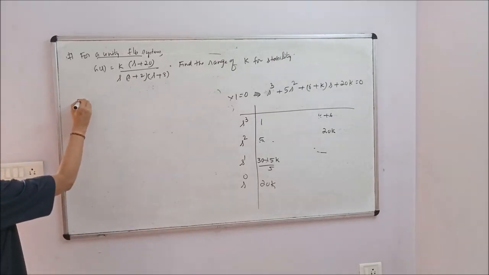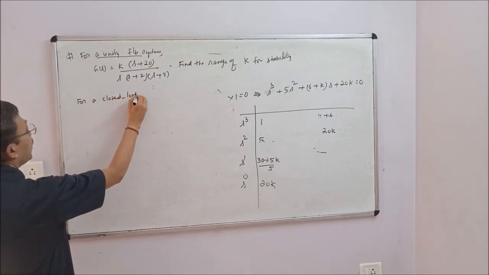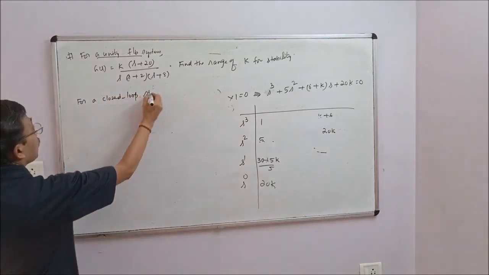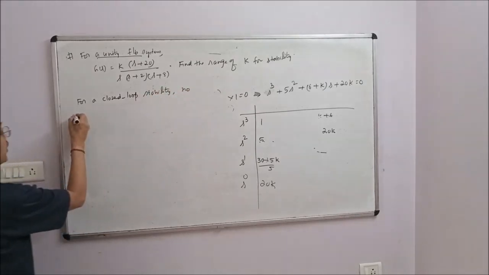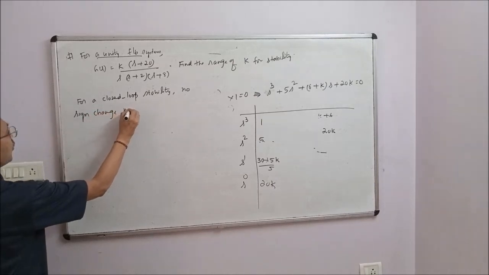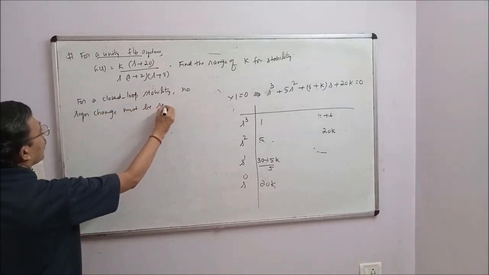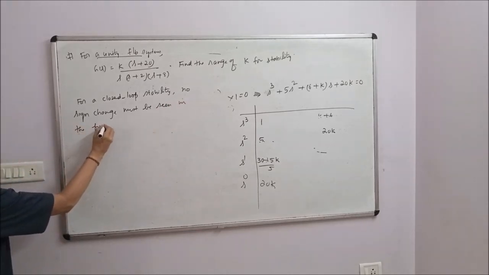For closed loop stability, no sign change must be seen in the first column.